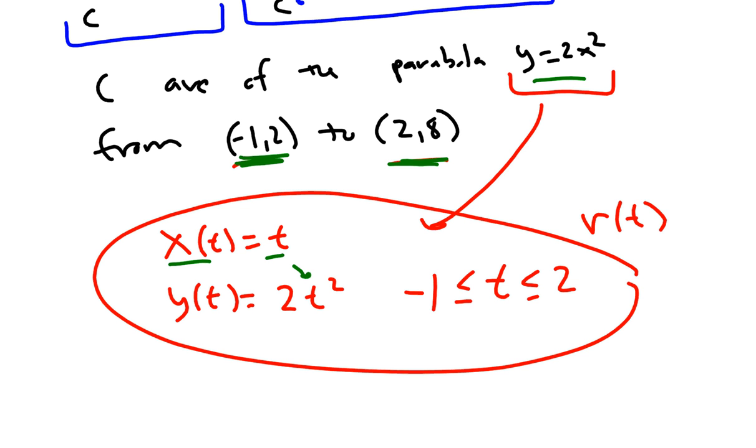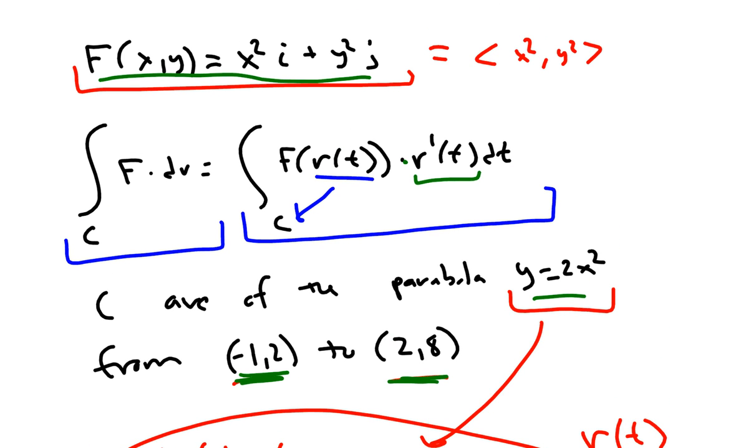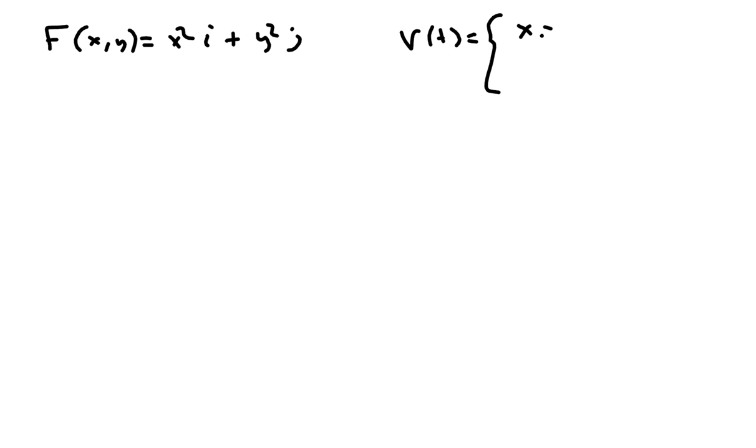Now we're ready to compute this line integral. Let's not forget the vector function we're using is x squared i plus y squared j. So f of x comma y equals x squared i plus y squared j, and we know that r of t is the function x equals t, y equals 2t squared, with the domain from -1 to 2.